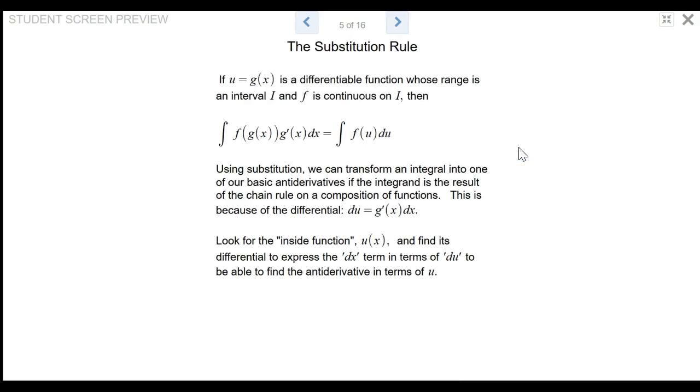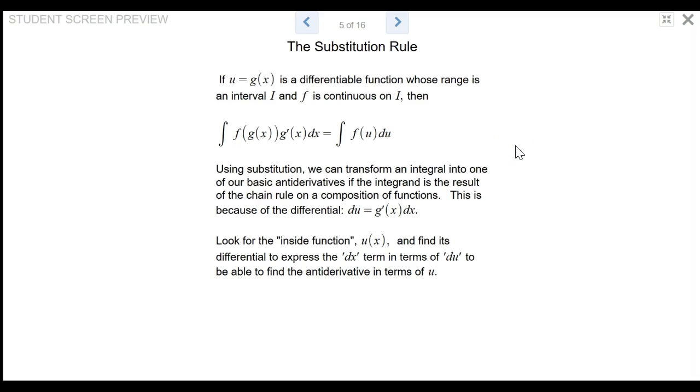So being able to do this with the substitution rule, what you're really doing is transforming your integrand into the result of using the chain rule on a composite function.